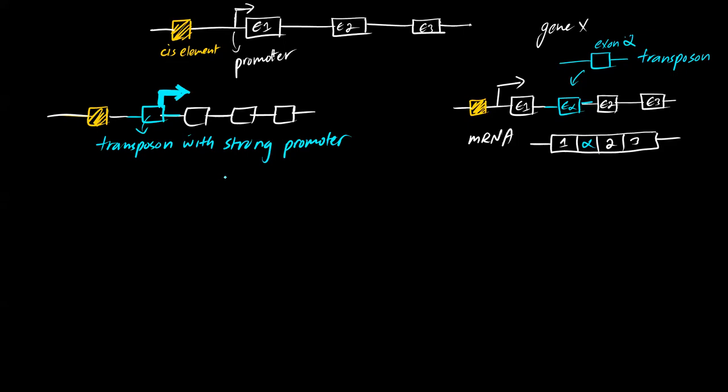So this is another case where the transposon did not affect the gene structure per se, but it did affect the level of expression from the gene. Here, there's a change in the gene structure. There's an addition of a new exon, for example.